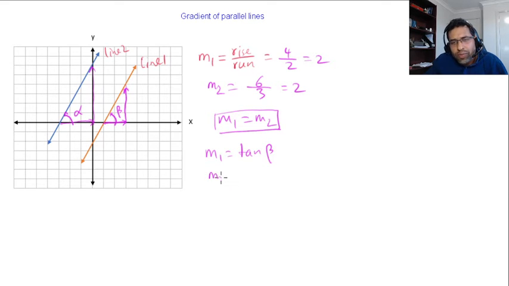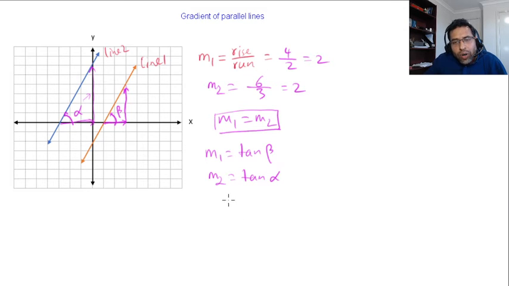And m2 will be tan of alpha, because we know that the gradient is the tan of the angle created with the positive x-axis. In other words, tan theta equals rise over run, right? So tan alpha equals opposite over adjacent. For alpha, this is opposite and this is adjacent, so again you will get the same thing.